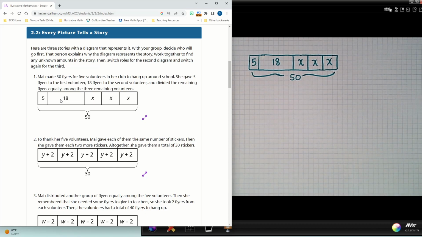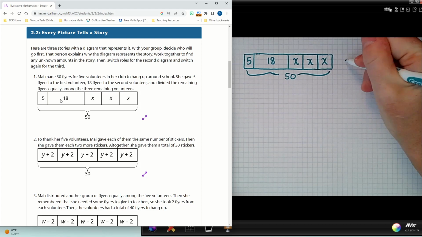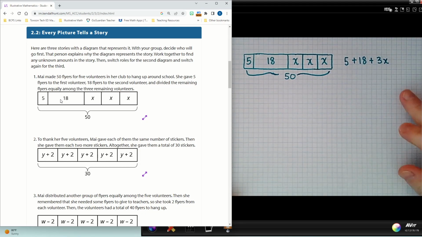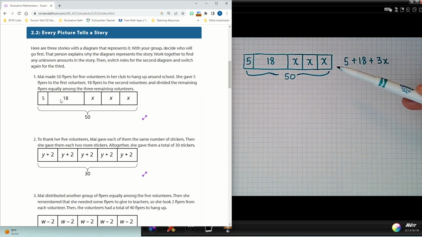So for families, so they can see what this equation is, this is actually 5 plus 18 plus 3 X's. Now, as we go through solving equations, we help students translate these tape diagrams into numerical representation. And the total, or equal, is 50.